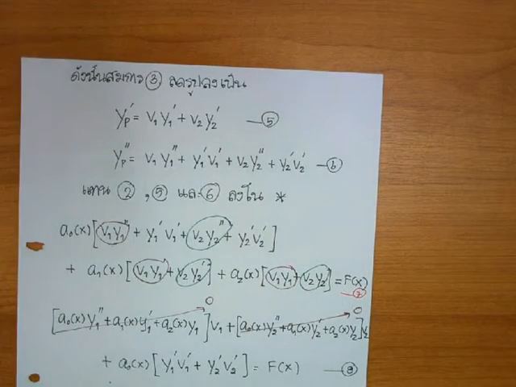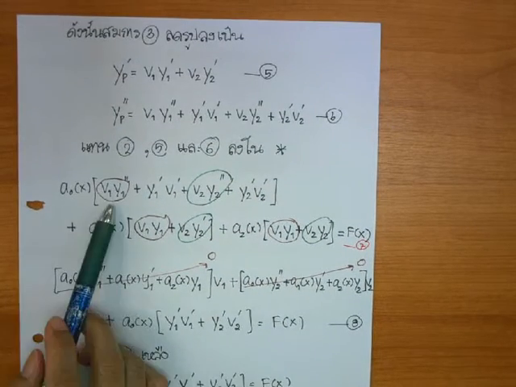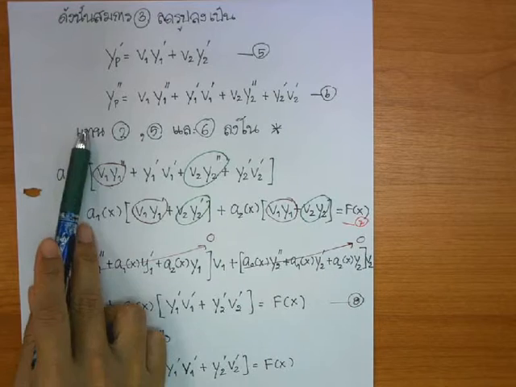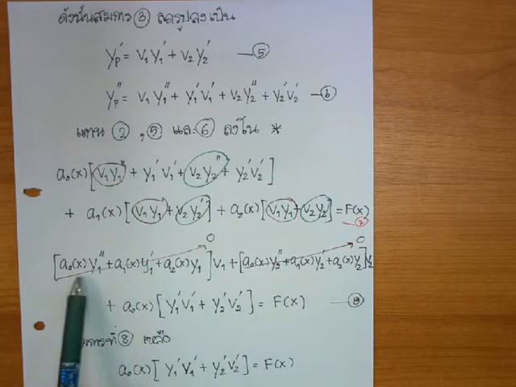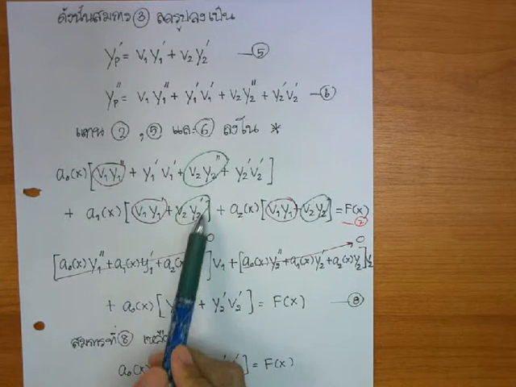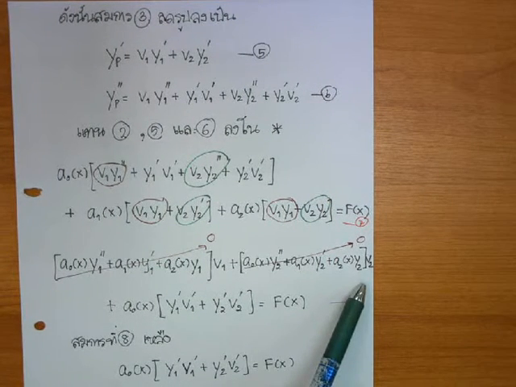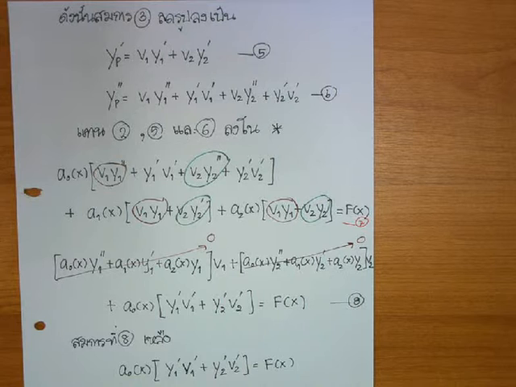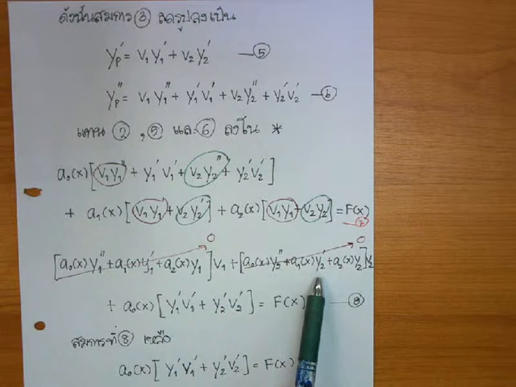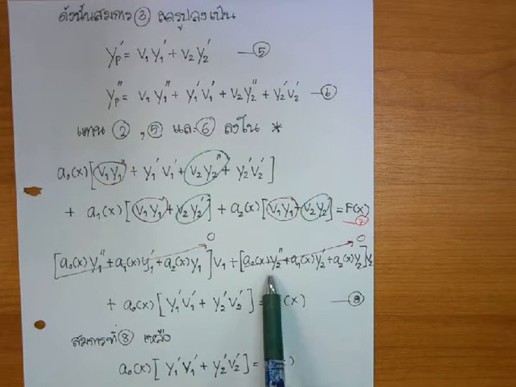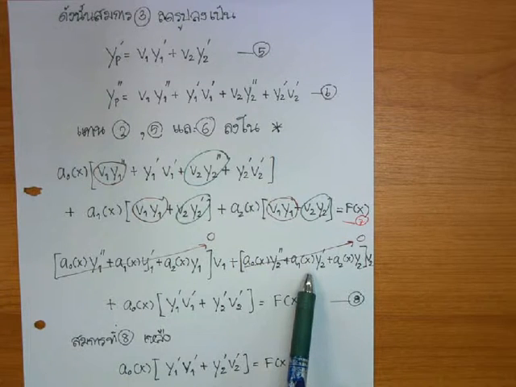So the red circle, you would get this one. The green circle, you would get this one. Okay? This one also is equal to 0 too, because y2 is the answer of your homogeneous differential equation.